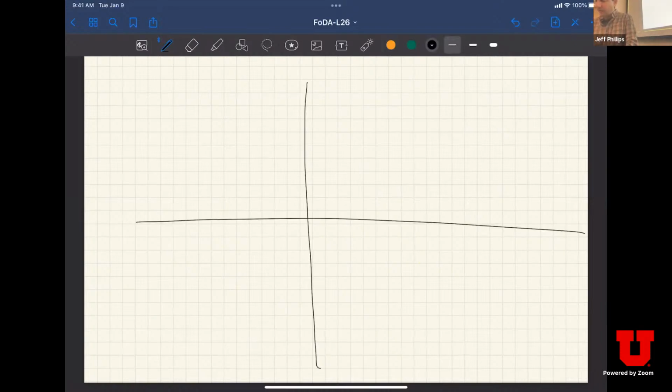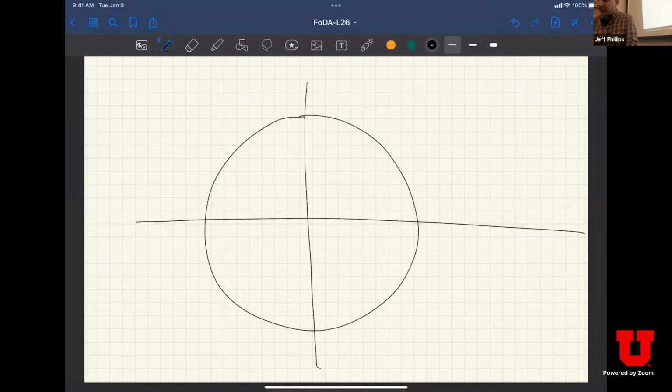All of our points are within a unit ball. As we run the algorithm, the W vector might keep getting longer and longer, so it might go outside the unit ball. I need to leave a little bit of space here, but all the data points are inside of this unit ball. Let's draw some points here.